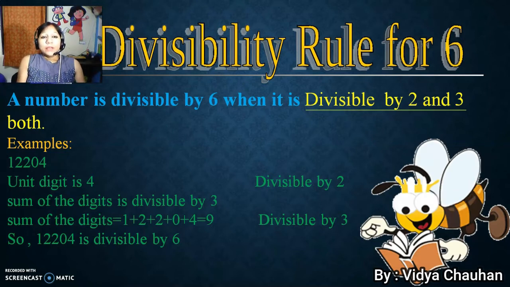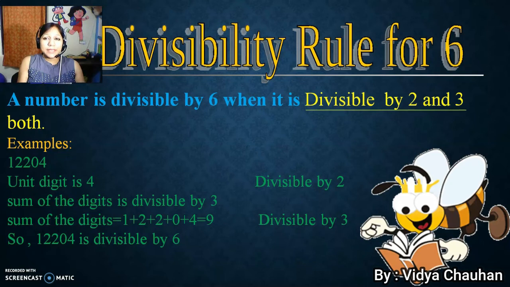It simply means that a number is said to be divisible by 6 if it satisfies the divisibility rules for 2 and 3 together. If any number is divisible by 2 and also by 3, it is clearly divisible by 6 also.